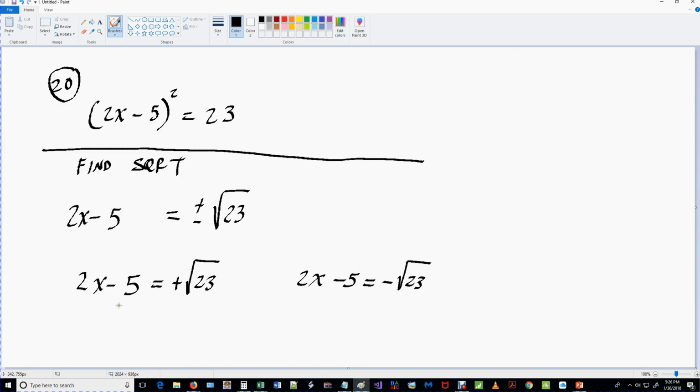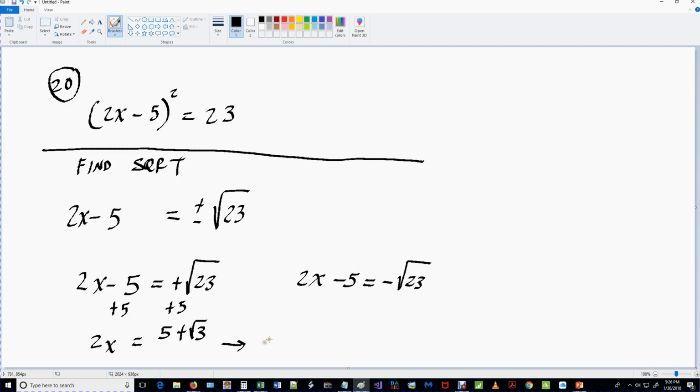We have to solve it, right? So you add 5, so that gives you 2x equals 5 plus the square root of 23. And then we are going to divide by 2.